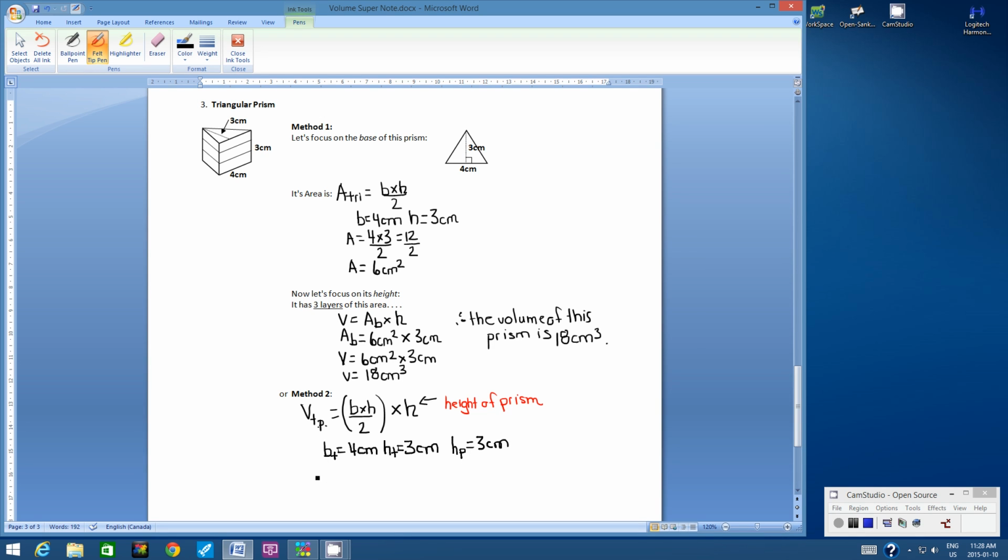So now let's put everything in. Let's substitute everything that we know into our formula. So we have bracket here. So we have the base of the triangle times the height of the triangle divided by 2 times the height of the prism, which is 3. Okay. So let's work on the numerator in the bracket first. Well, 4 times 3 is 12.